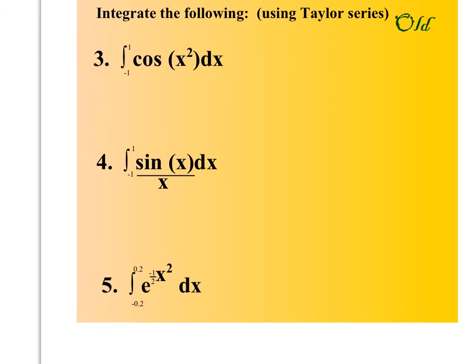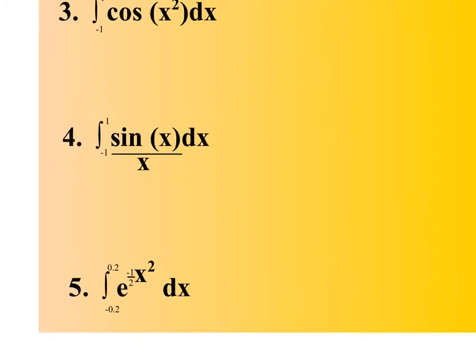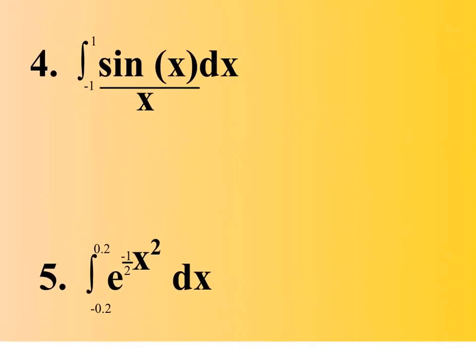Okay, I'd like to do a quick integration problem here, and these are pretty filthy and actually scary looking, right? I'm going to do number 4 here real quick. What I'm going to do is the Maclaurin expansion of sine x, which is x minus x cubed over 3 factorial plus x to the 5th over 5 factorial.